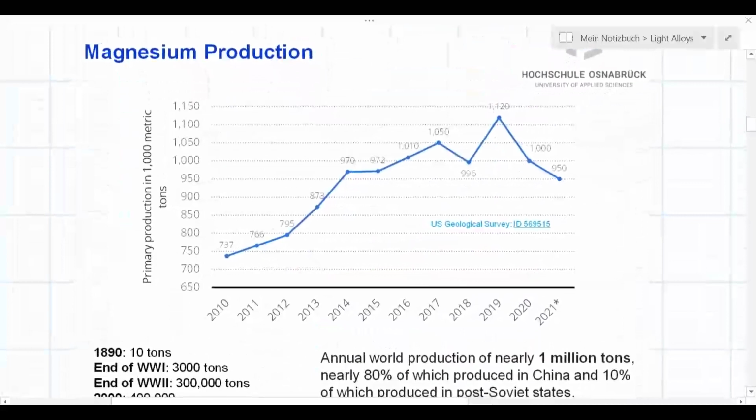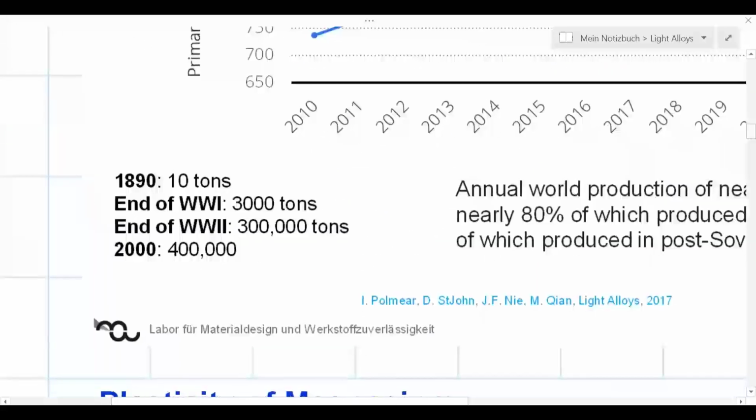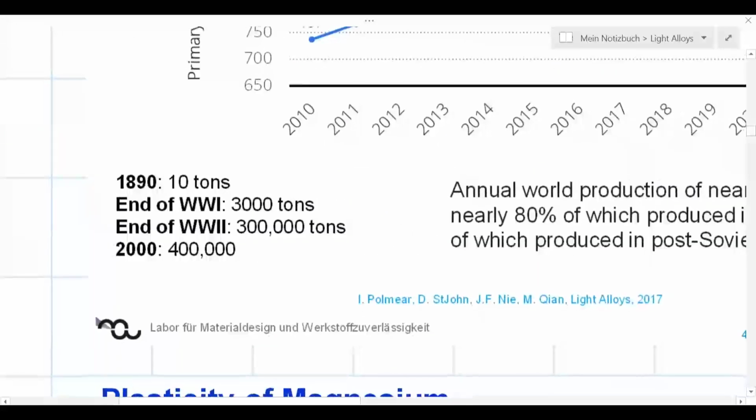Let us have a look at the numbers, how much magnesium is produced, and a little bit of history. Magnesium was produced around in the 19th century. In the early 19th century, there were a few efforts to strip oxygen from magnesium because it was a hard task, right? Due to the very high affinity of magnesium for oxygen, it was hard to isolate magnesium, to separate oxygen from magnesium.